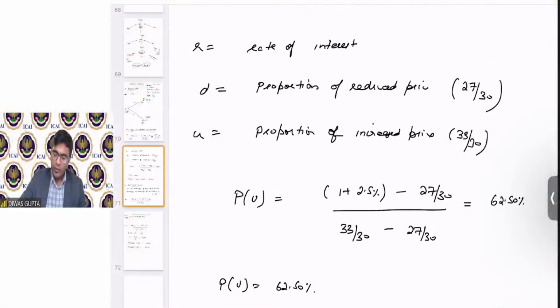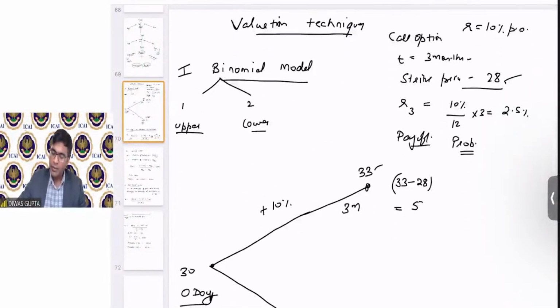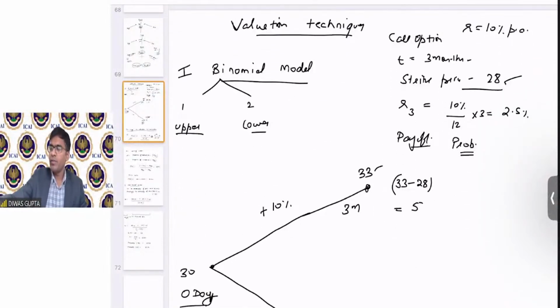So before going on to the break, we were discussing the valuation technique from the binomial model's end, right? So let me just quickly recap, then we will take our discussion ahead. In a binomial model, there are only two possibilities. One is that the price is going to be higher, or the second possibility is the price is going to be lower.